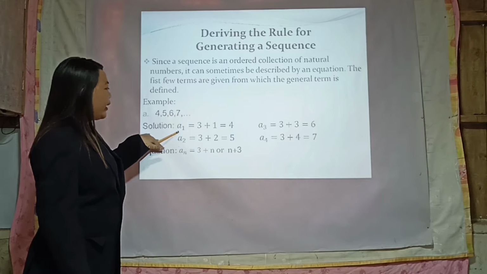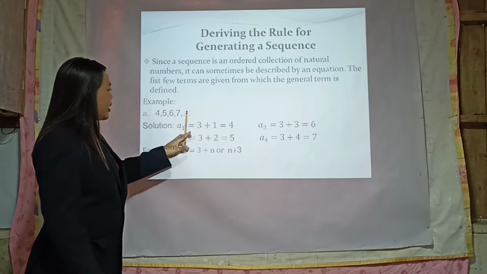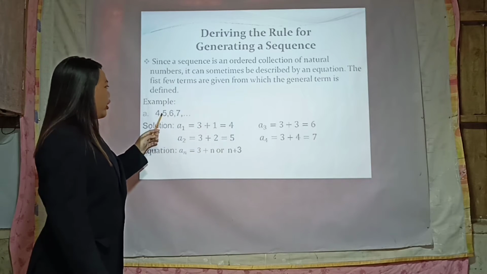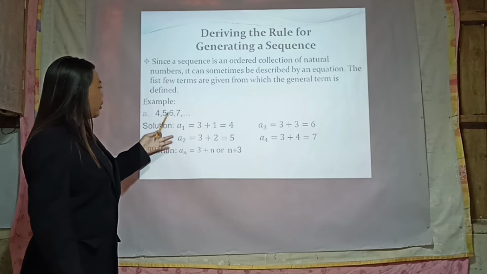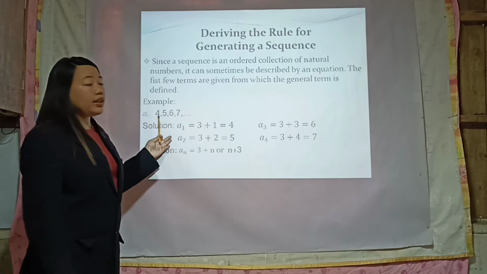So, let's try 2. What if this would be 2? 2 plus 1 is equal to 3. Therefore, it is not the formula because in this example, the first term is 4.